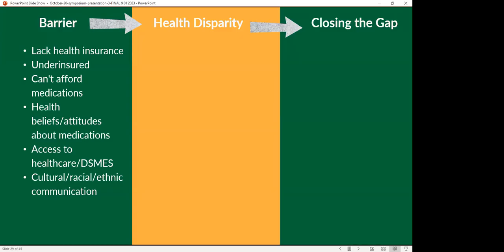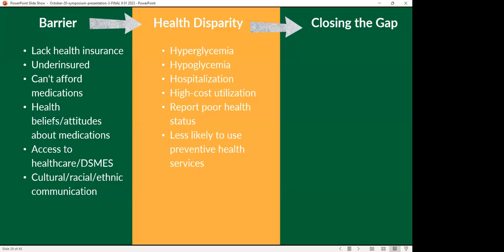So how does that result? How does that look in the health disparities? Again, it could be hyper or hypoglycemia, more hospitalization or high cost utilization.